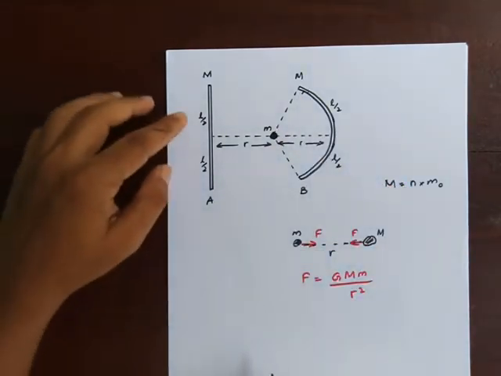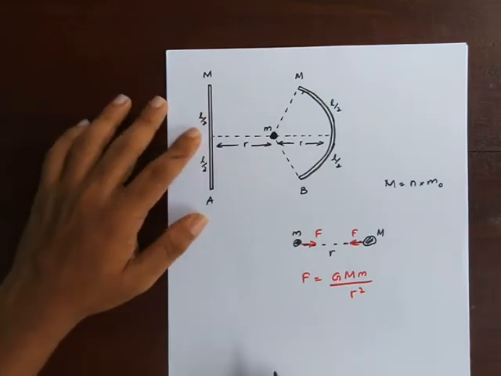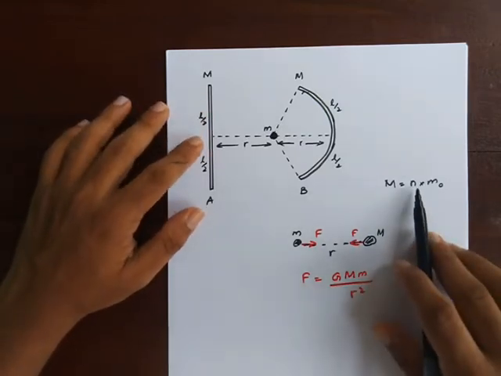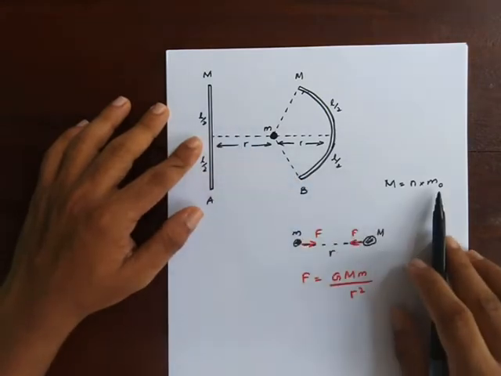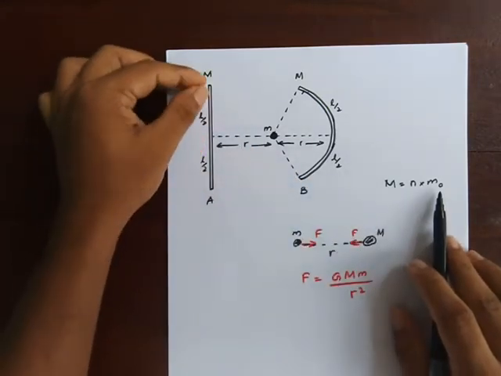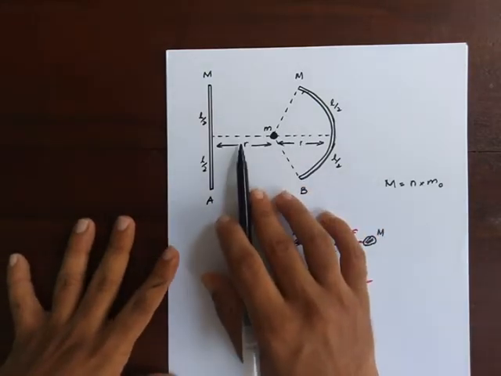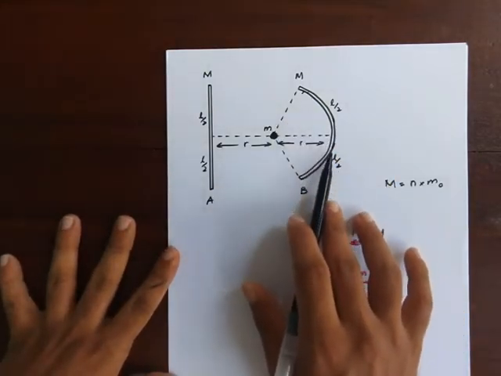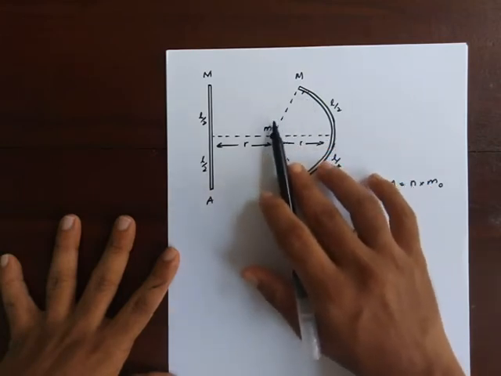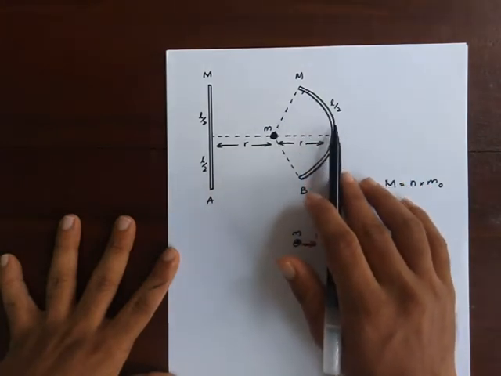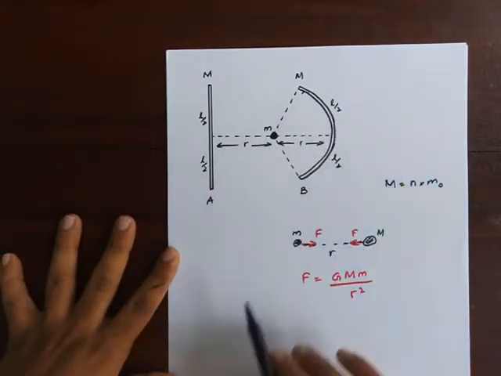This one also I can cut into n number of pieces, and because the mass is the same, each point mass is going to be m naught. If you notice, this is the arc of a circle. That means the distance to every point mass on this rod is going to be the same.